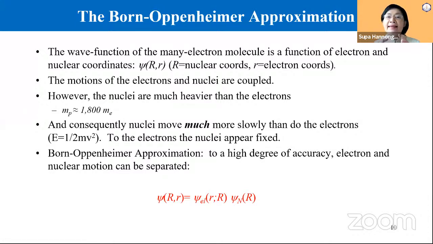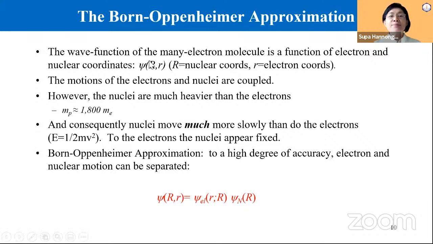So nuclei are like standing, and electron just moves around because it's so small and it moves very fast. Like an elephant and a fly. Actually, the nuclei also move, but it moves very slowly as compared to electron.